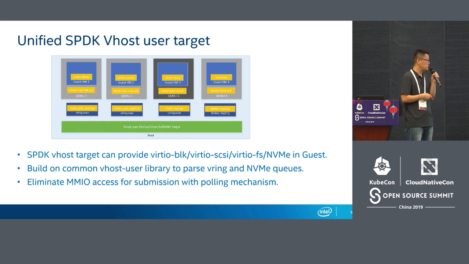Vhost user is the user space implementation of the vhost target. The biggest advantage of vhost user is that it eliminates the MMIO access for submission when accessing the backend. The way to achieve that is to use a polling mechanism.